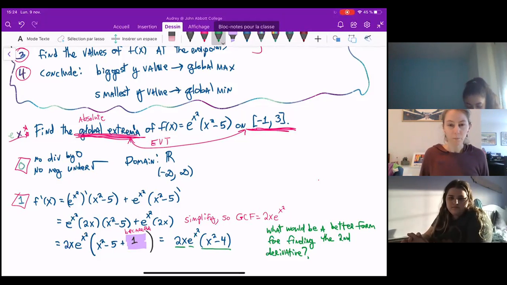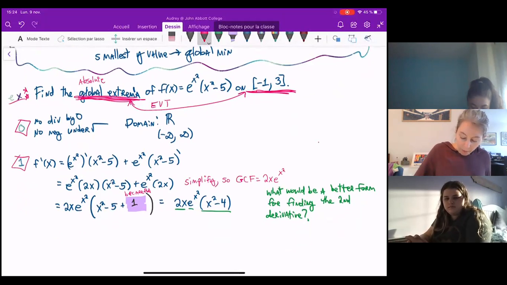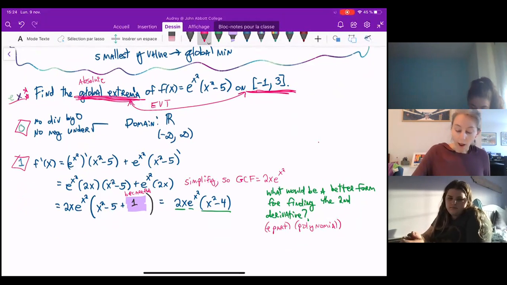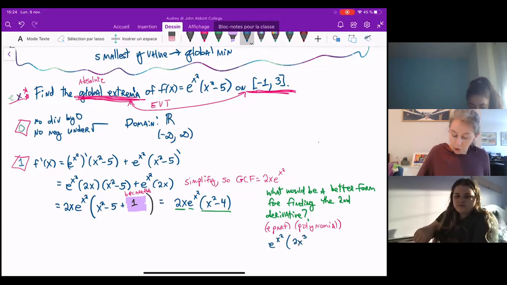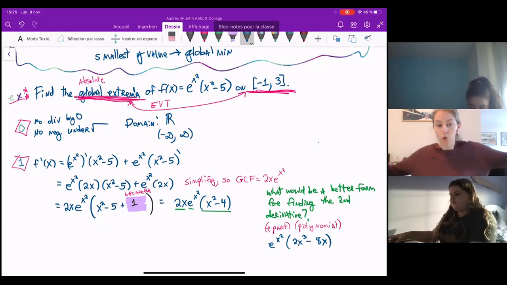Logarithmic, no. So we said that in this case, separating the e part from the polynomial part will easily turn this into just 1 product rule. So I could take that 2x and distribute it so that I just have e to the x squared times 2x cubed minus 8x. And suddenly, I only have 1 product rule, as opposed to a triple product rule or 2 product rules.